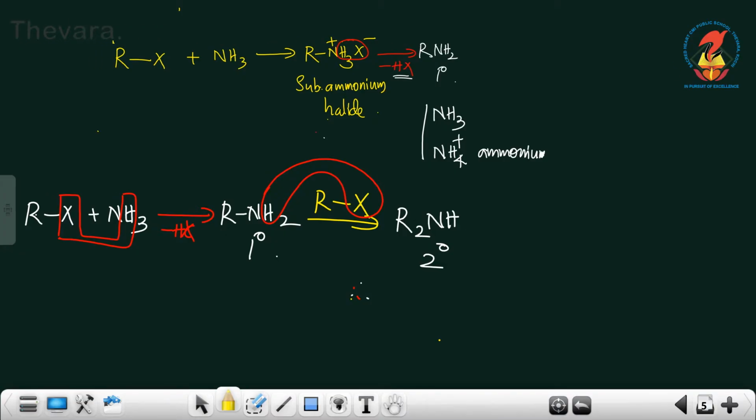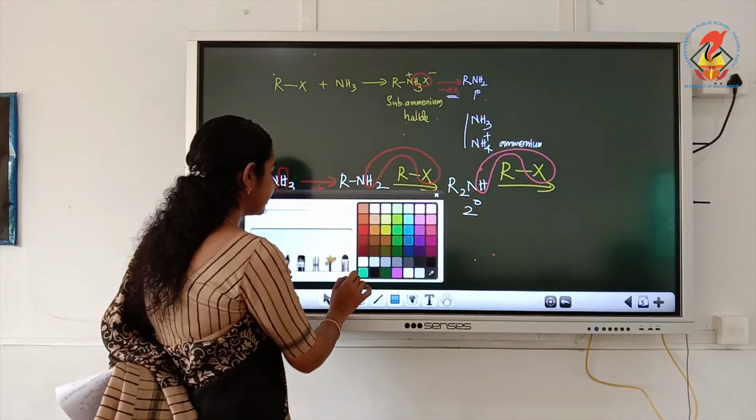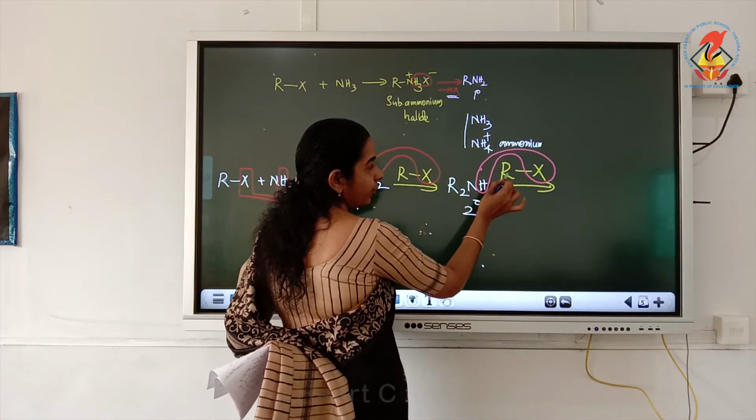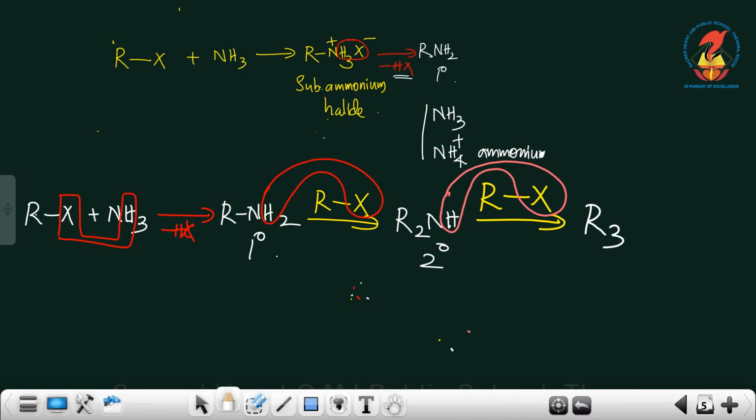If we want to replace hydrogen by an alkyl group, we have to take one more molecule of alkyl halide. Again it will eliminate one more HX. Already we have 2 alkyl groups, one more is coming, so it will become R3. Then NH will become N, so we will be getting a tertiary amine.